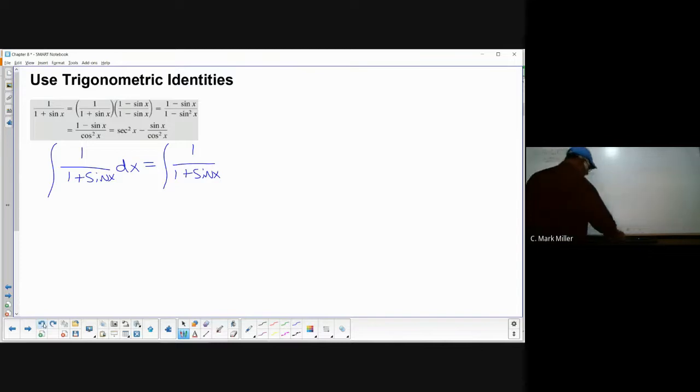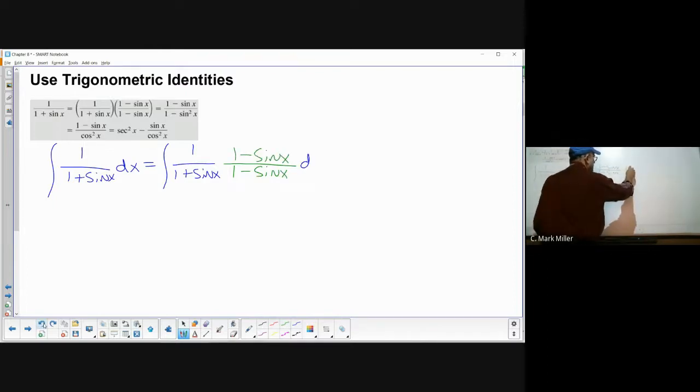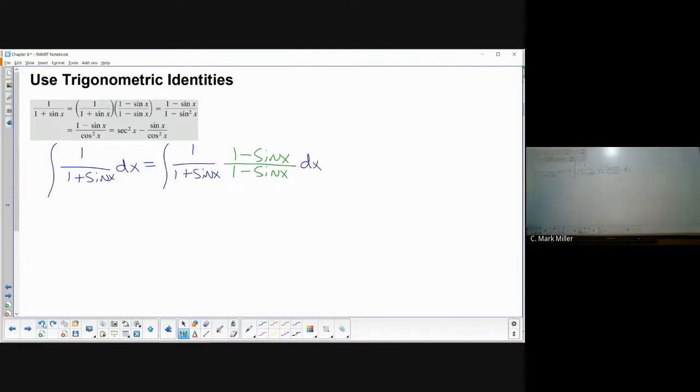You're going to multiply by 1, but you're going to dress 1 up like this. That green stuff equals 1. So never underestimate the power of multiplying by 1 in a helpful format.